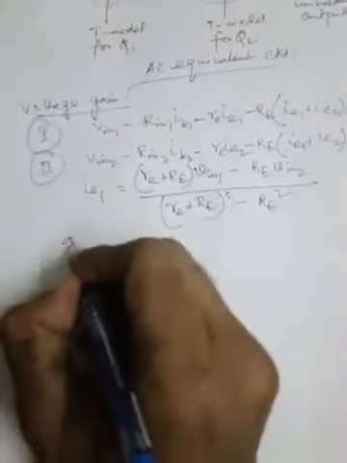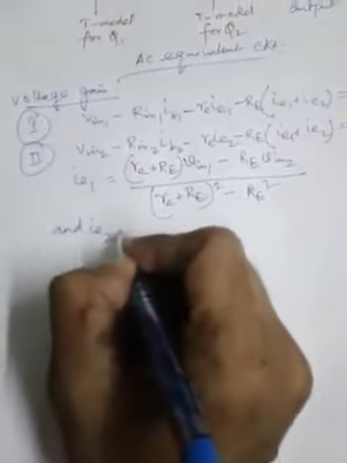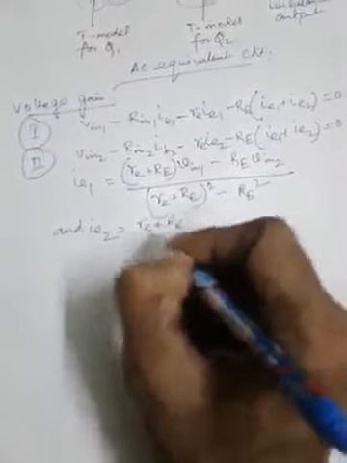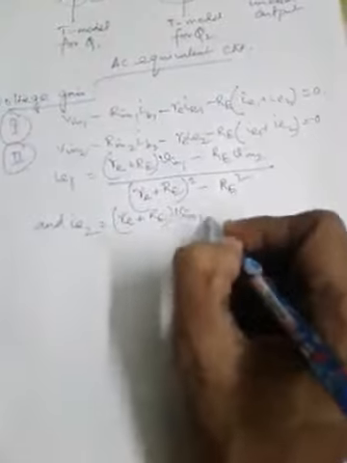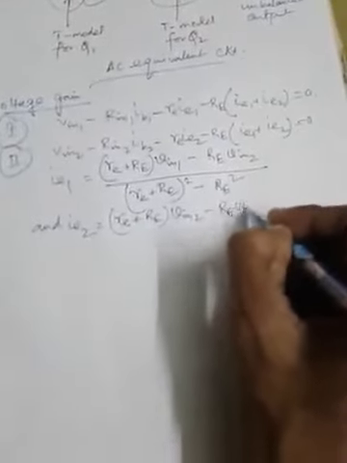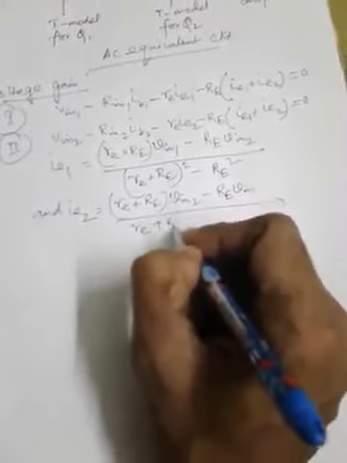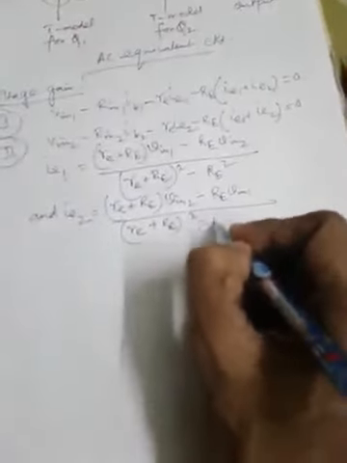And IE2 was, because the derivation procedure will be the same as for the last configuration, which was the balanced output configuration, (small re plus capital RE) into V in 2 minus capital RE V in 1, divided by (small re plus capital RE) whole square minus capital RE square.